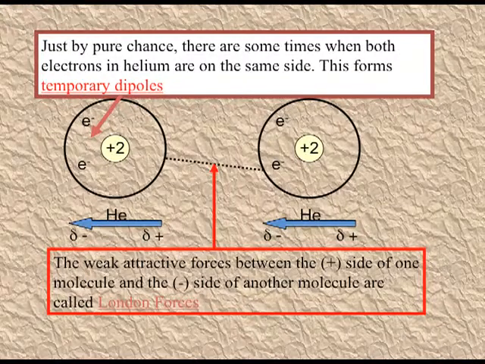You can see the helium molecule. The electrons are revolving around the nucleus. For a fraction of a second, in one of the helium atoms, accidentally the electrons come on one side, and that side acquires a negative charge and the other end acquires a positive charge.